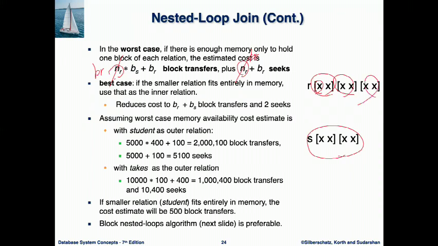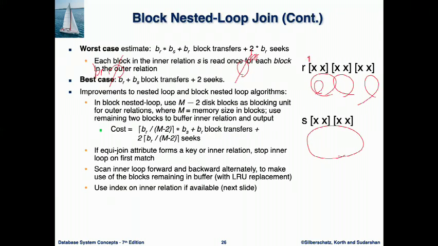But again, I think you don't have to memorize this formula. What is important is to understand the high level intuition of nested loop join and block nested loop join.